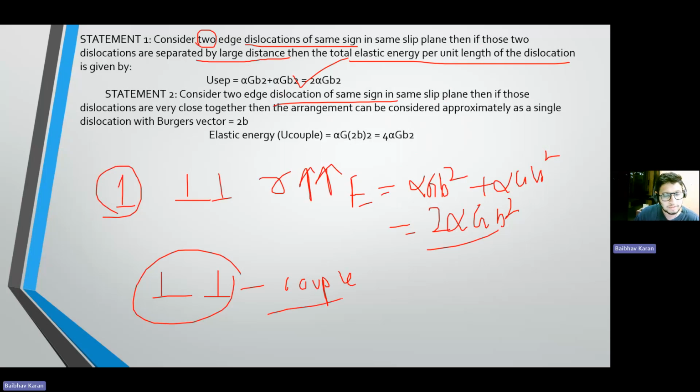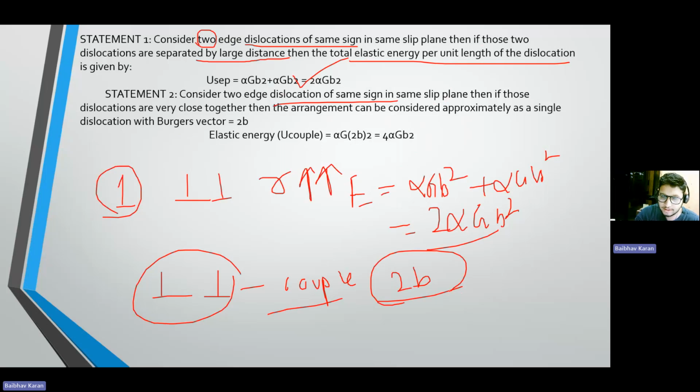Due to this coupling, the Burgers vector value will be 2b. The combined Burgers vector value is 2b.